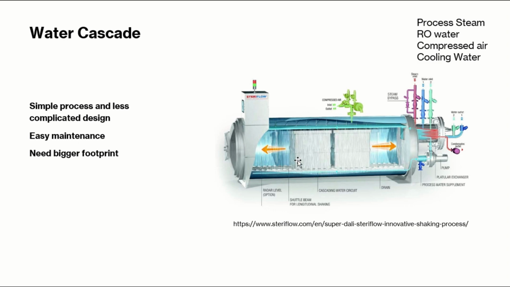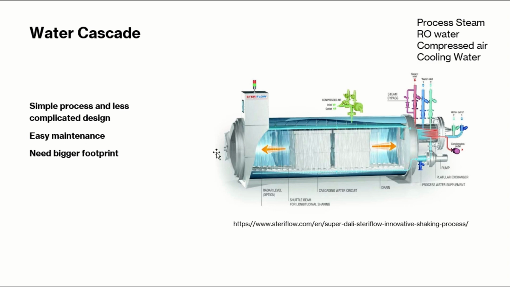So the machine has limited capability. You cannot make the machine bigger. You need a longer footprint to have a longer machine, not a taller machine. A taller machine could have a higher temperature gradient, which could introduce variation to your product.